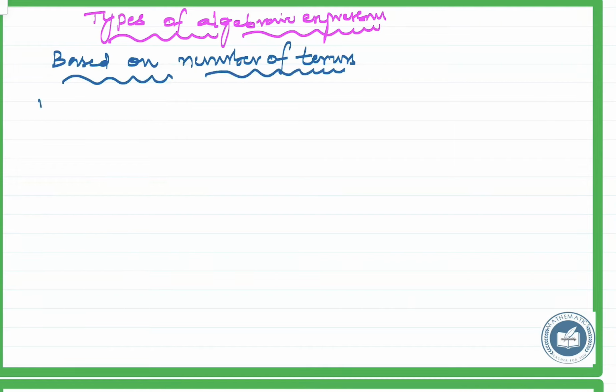So first one is monomial. What is monomial? How many terms are there in this?